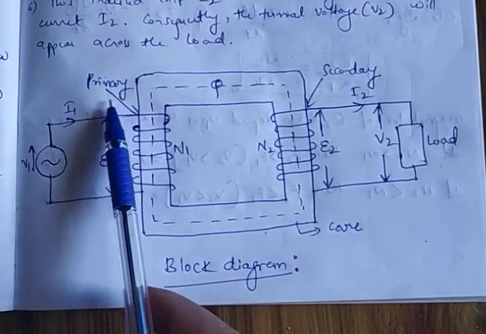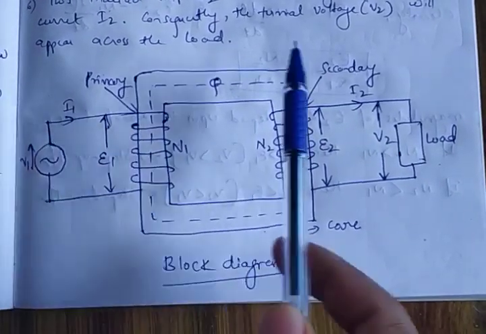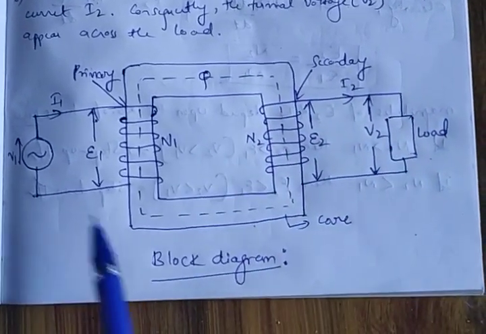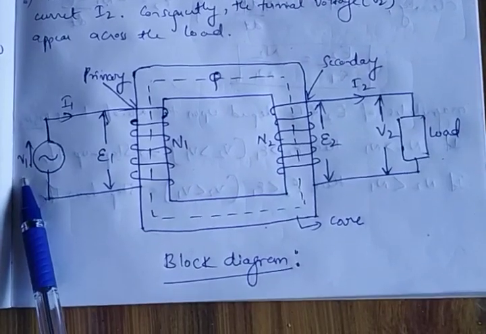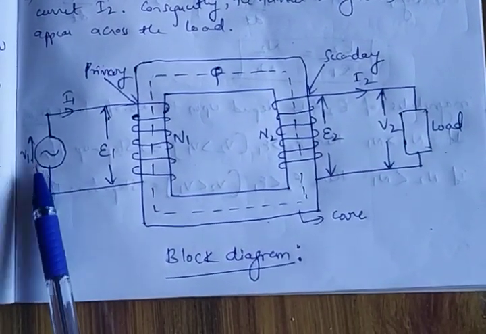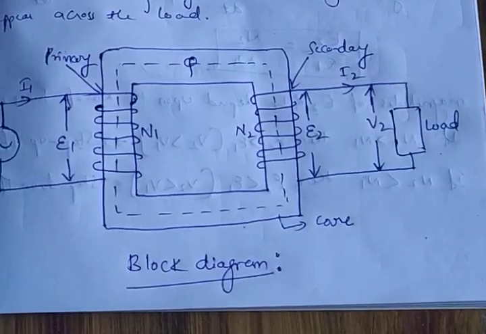The primary winding is connected to the AC source, and the secondary winding is connected to the load side. An alternating voltage V1, whose magnitude is to be changed, is applied to the primary side.